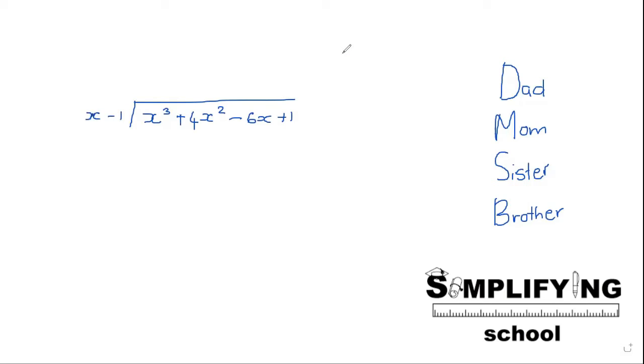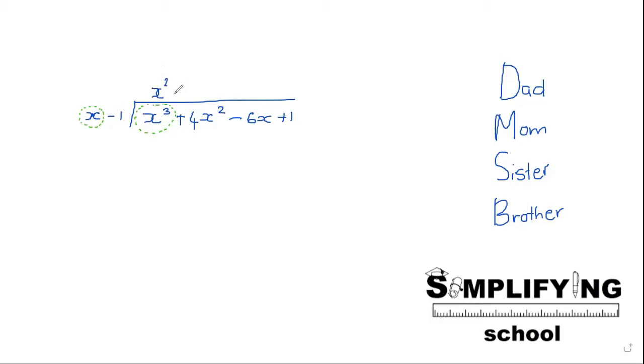Right, so first what we do is we look at this one. How many times can we say x goes into this? So we're going to say x cubed divided by x, and that would leave me with x squared.